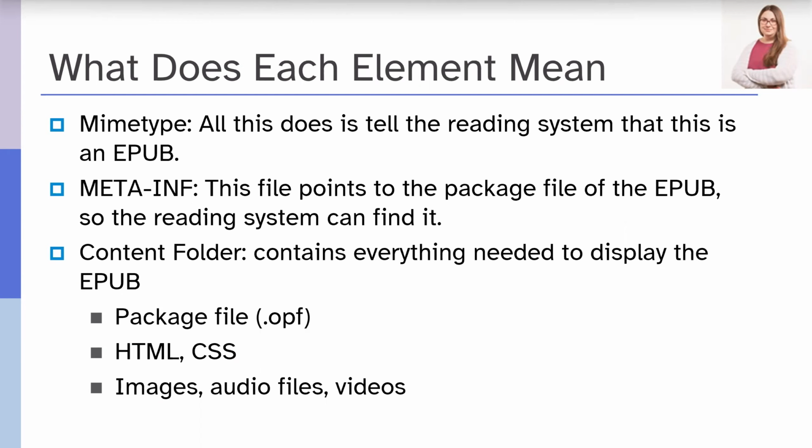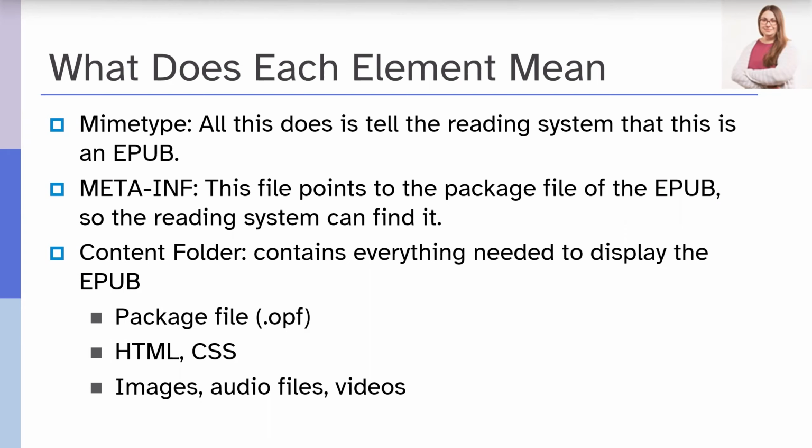The meta-inf, this is just a file that points to the package file of the EPUB so the reading system can find it. Basically it just says to the reading system, hey, this is where you can find the contents of the EPUB.